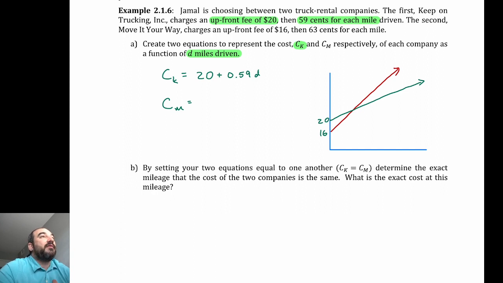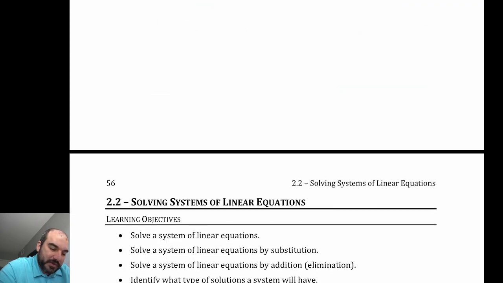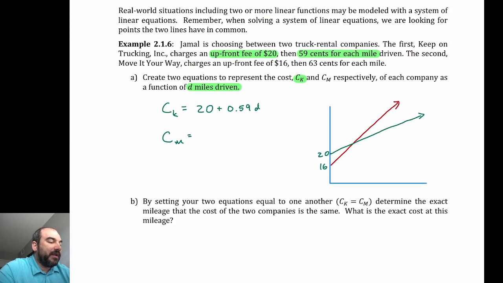This used to be a thing for cell phone providers, where cell phone plans would have, I don't know if you guys had this, some kind of monthly fee, but then you would also pay per minute or per text message or per internet used on your cell phones. This used to be the problem. Now we're not using that problem anymore, I guess, because it's not really relevant anymore.